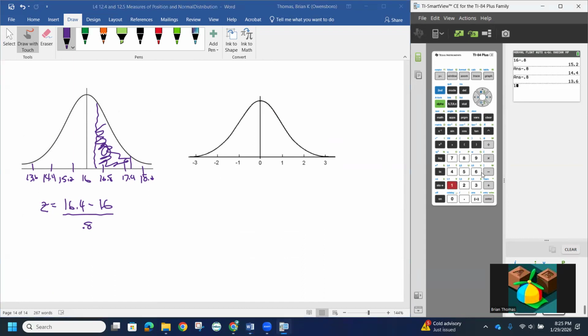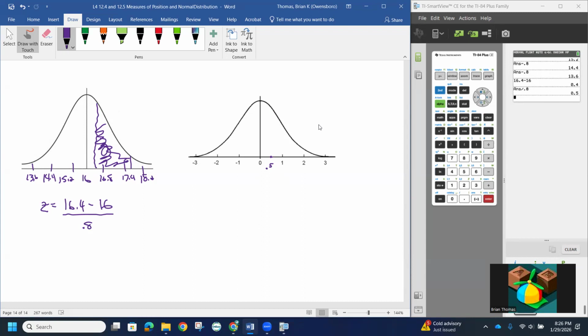So 16.4 minus 16, and then divide that by 0.8 gives us 0.5. And that makes sense because we're halfway between 16 and 16.8. So we're at this 0.5. That's our z-score there.